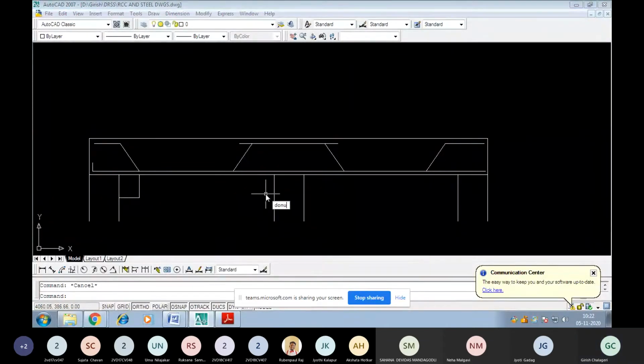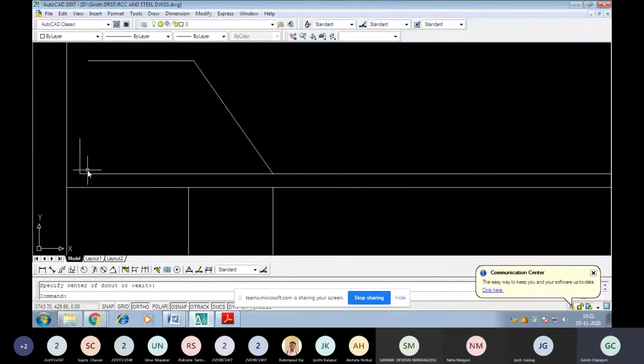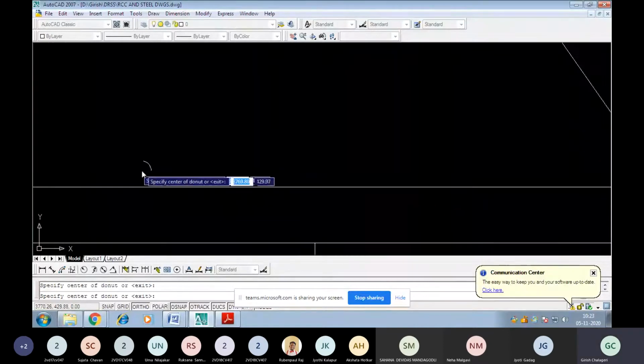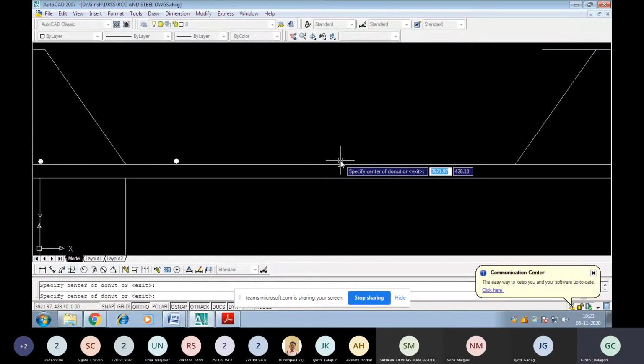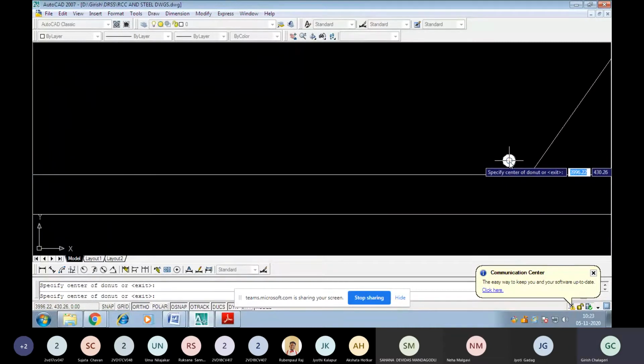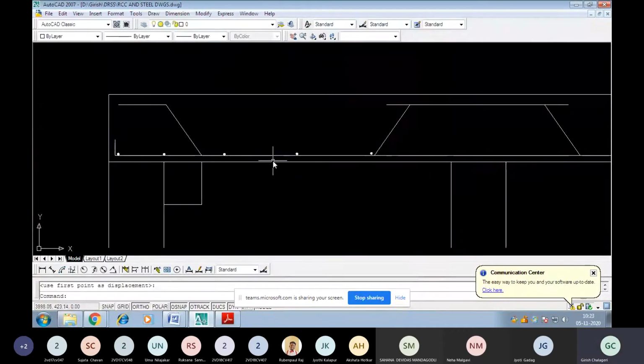You can provide the distribution bars in this fashion. Like this, the distribution bars are given here. So this is the main bar.